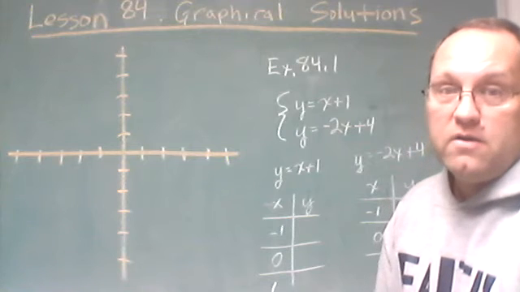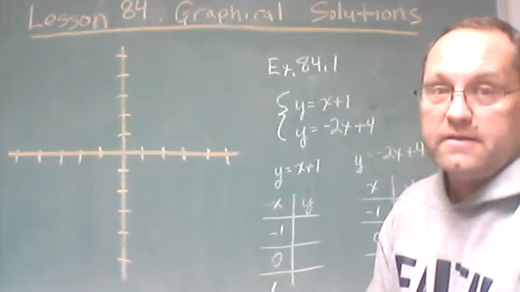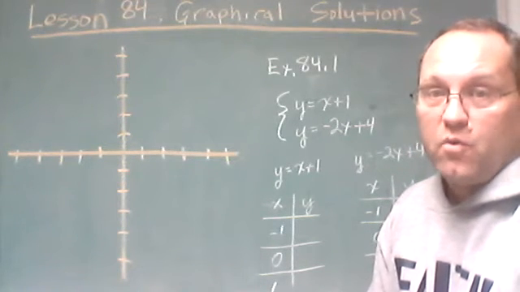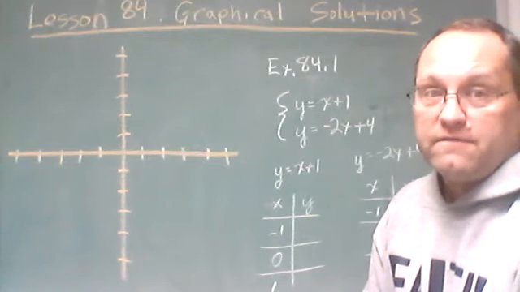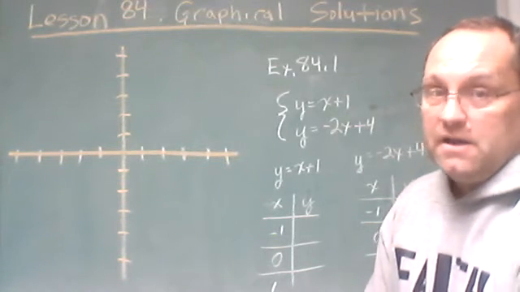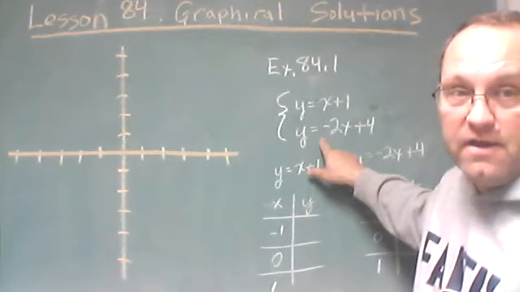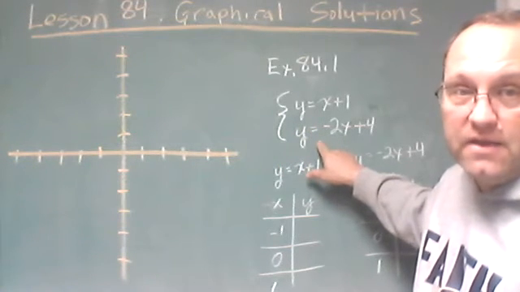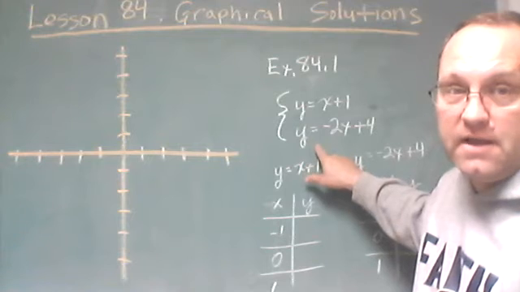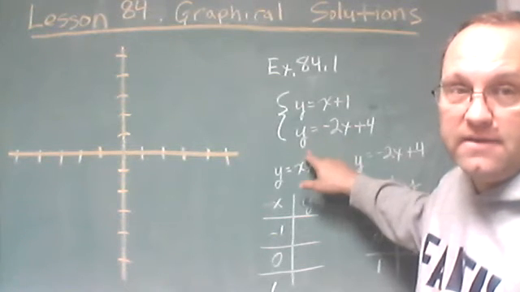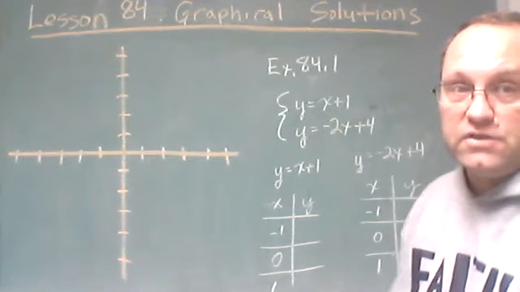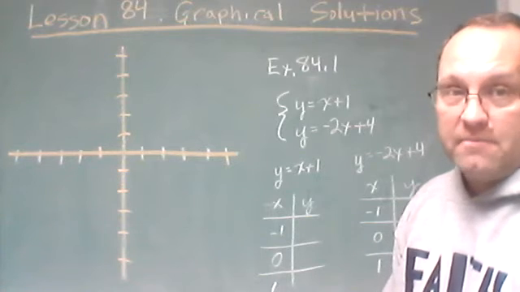Okay, but for now, this is a revisit on this old method of coming up with ordered pairs and finding a solution to a set of equations. So remember, a set of equations, they're joined at the hip, okay? So that the solution for x and the solution for y in this set for both equations is the same, okay?